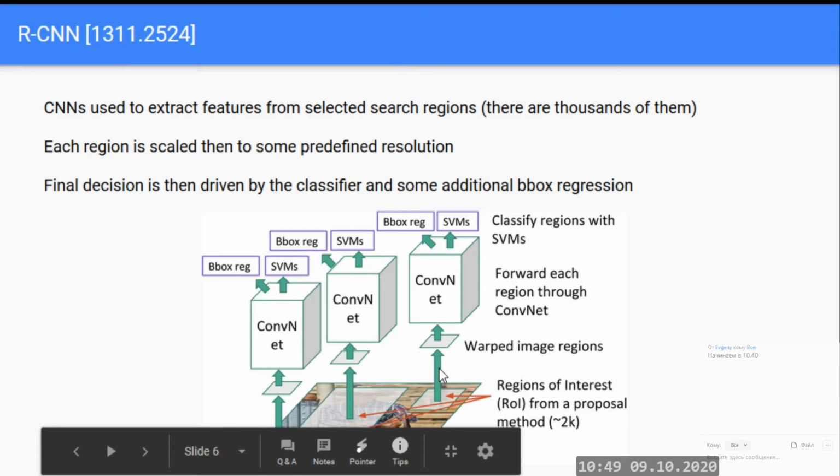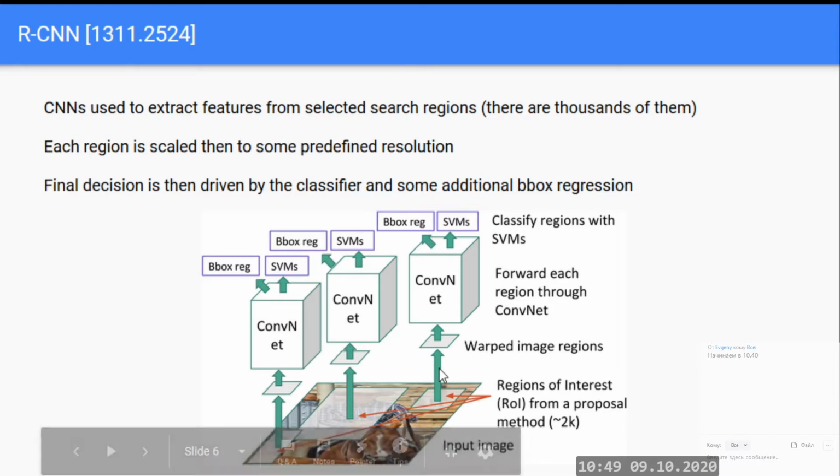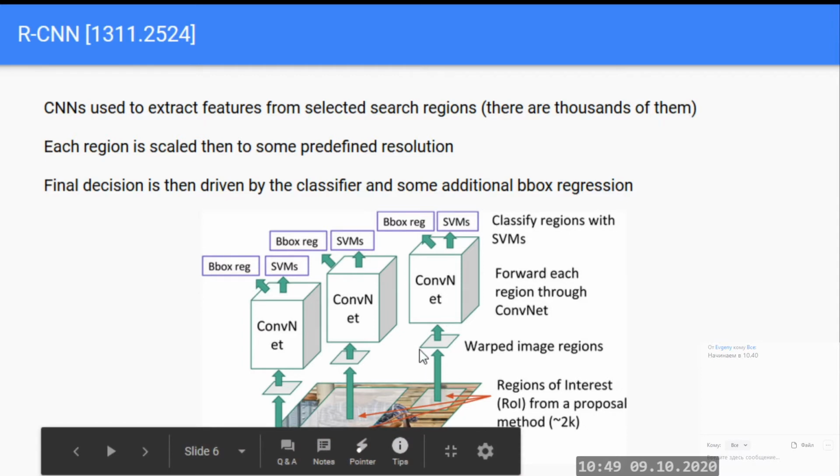That would save us, reduce the computational time maybe by hundreds of times, because if I have again one quarter of the image size region proposals, we have hundreds of them. That is approximately the same as if we just run the entire convolutional network all over the image hundreds of times.